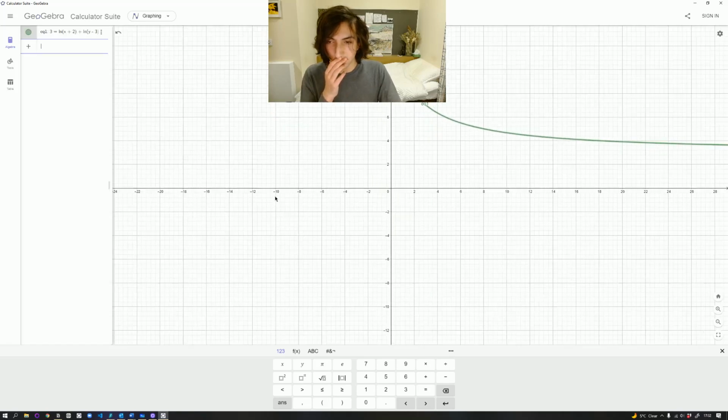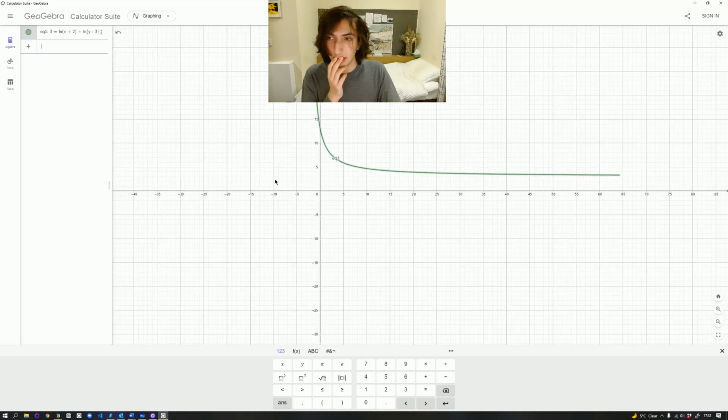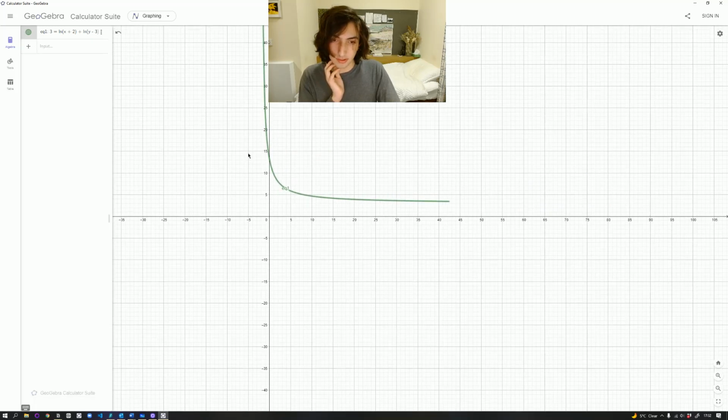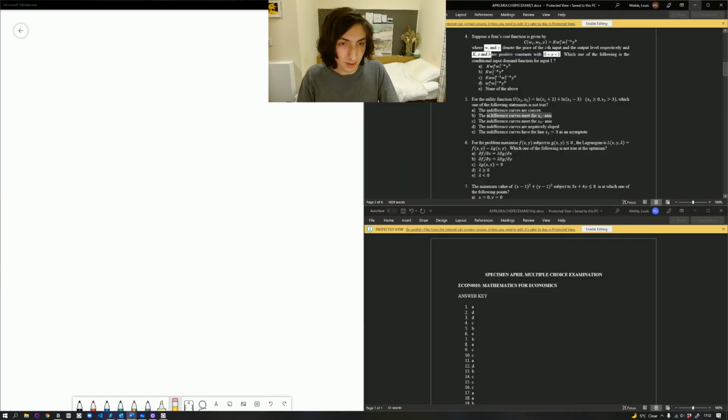As you can sort of see here, if I zoom out, you can see the indifference curve here. It intersects the y-axis or the x2 axis, but it doesn't intersect the x1 axis. It lies above there, which is because you've got that asymptote at x2 equals 3. So it can't go further down, which means it can't satisfy that.